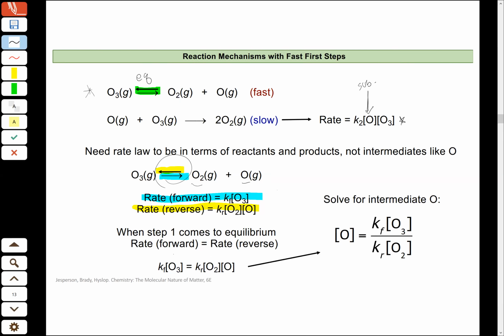So I can say that the rate of my forward reaction is equal to the rate of my reverse reaction, which if I can make that statement, I can then substitute what those are equal to and create this equation where the rate law constant for the forward reaction times the concentration of ozone is going to be equal to the rate law constant for the reverse reaction times oxygen times O, or monoatomic oxygen.